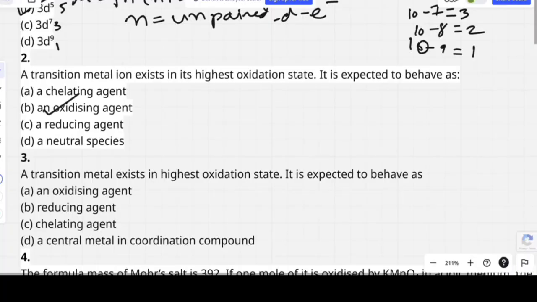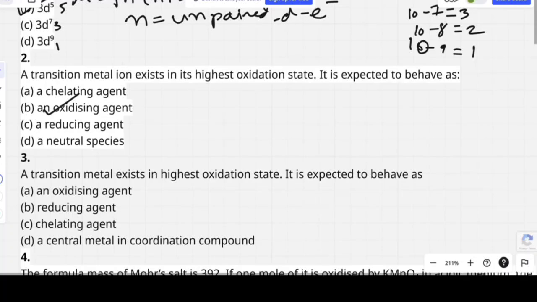Highest oxidation state means, for example, KMnO4. Its highest oxidation state is +7. It does not show +8, so it is not possible to increase its oxidation number. So it acts as a good oxidizing agent.